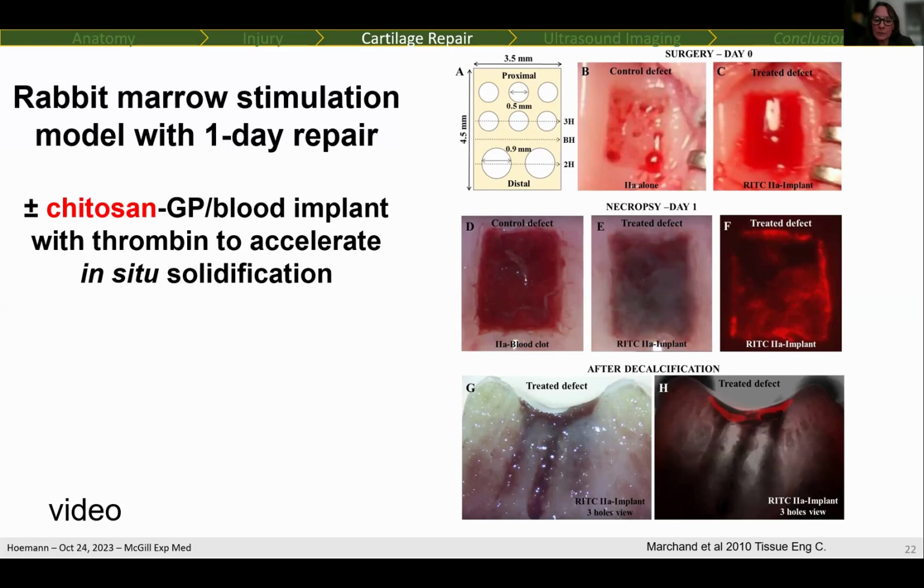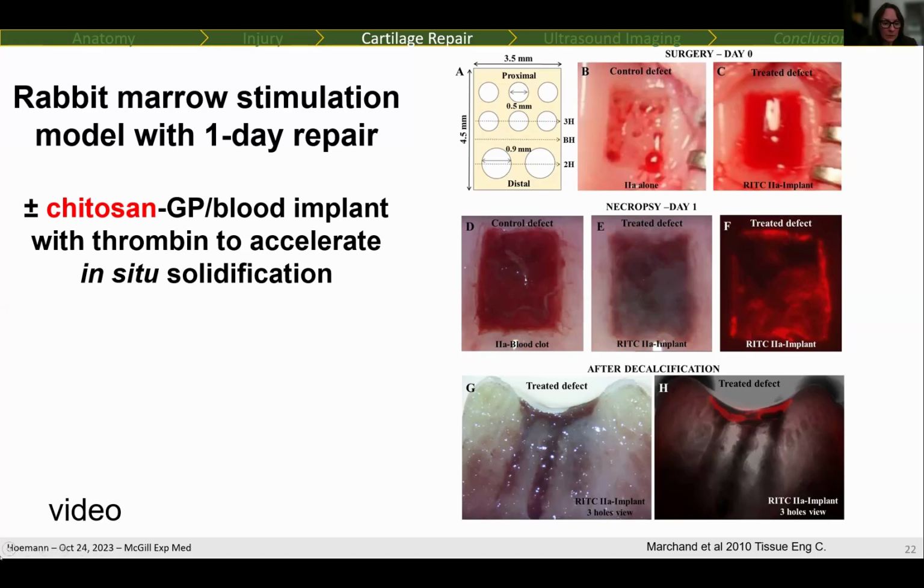And just to add something interesting to this experiment, she used fluorescent chitosan when she made the implant so we could actually look at where it went. And this is a transverse view of the chitosan implant in the cartilage defect.